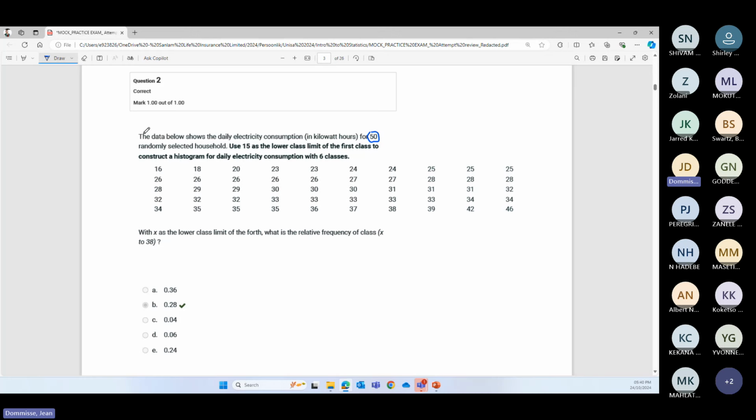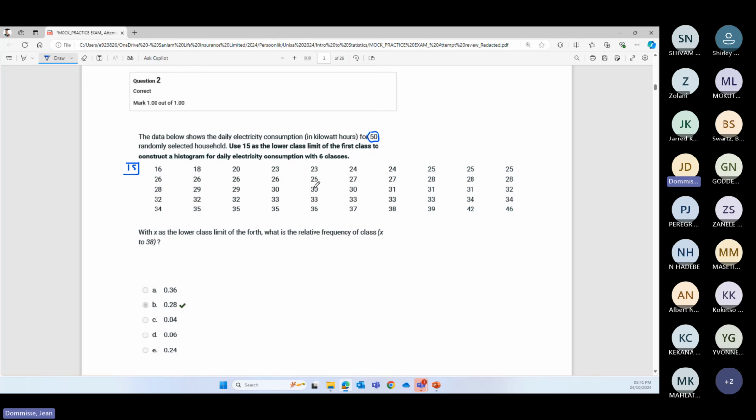Let's just look at the data below the question. Use 15 as the lower class limit of the first class to construct a histogram of daily. Okay, so 15 is the lowest. Let's just check. It seems like all of these are ordered.